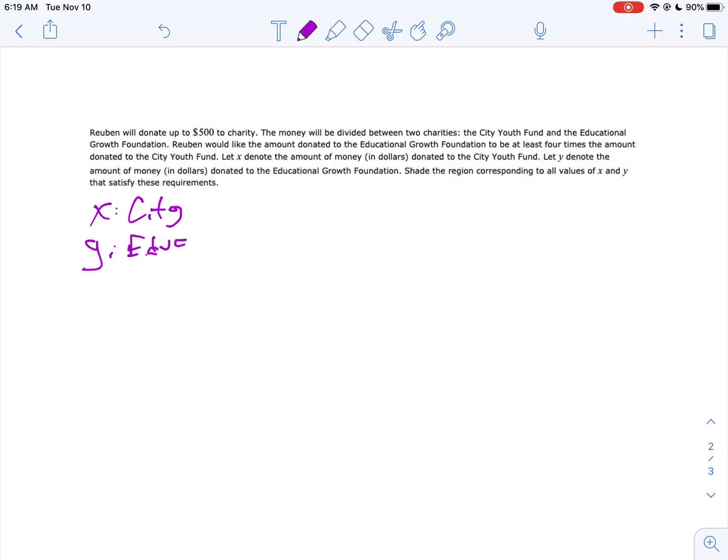Since we're going to put money in both accounts, we know X has to be greater than or equal to 0. Y has to be greater than or equal to 0. He's going to donate $500 to charity. That is, you had that part right. X plus Y is less than or equal to 500.